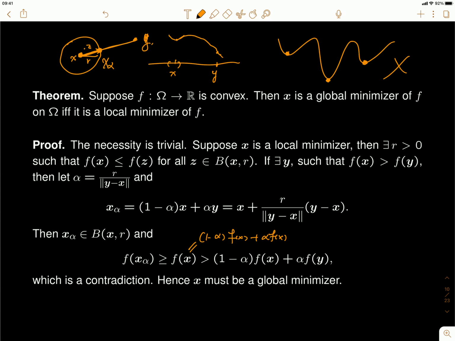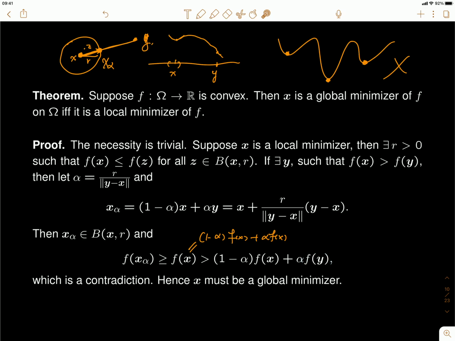So I didn't do anything, I just split f of x into two parts. One part has weight 1 minus alpha, the other part has weight alpha. So this first term I just copied here, but for the second term, I know that f of x is greater than f of y, since y is a global minimizer and x is merely a local minimizer. So I know that this is true. Then I know that this is greater than that.